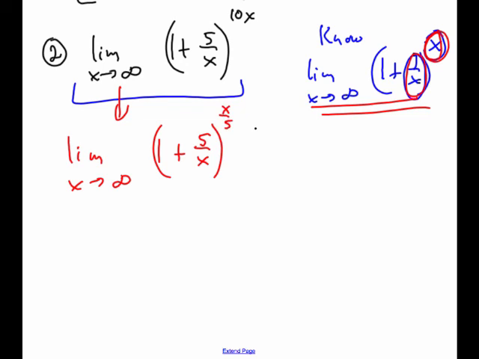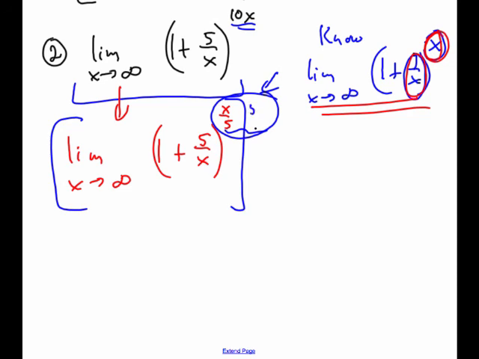But now we got to be mindful of the fact that the exponent is really 10x. So on the outside here, I know that if I put something on the outside here, these two things have to produce 10x when I'm all done. And I can get that by putting 50 here. Alright.